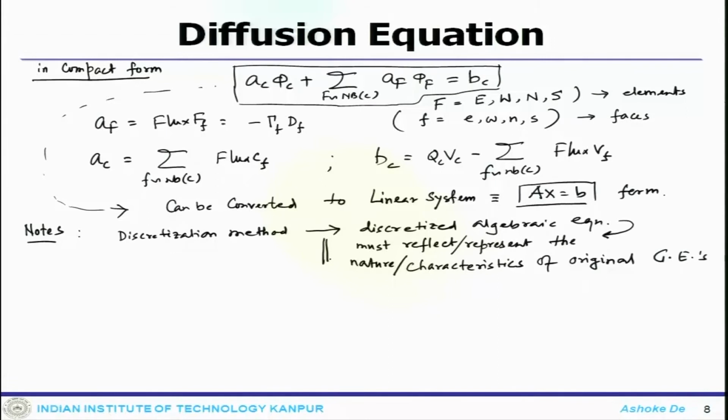Whatever physical system you are dealing with, the governing equations are the representation of the physical problem, which is represented with a series of partial differential equations. They are discretized to get the algebraic equation, which should reflect or represent the characteristics.